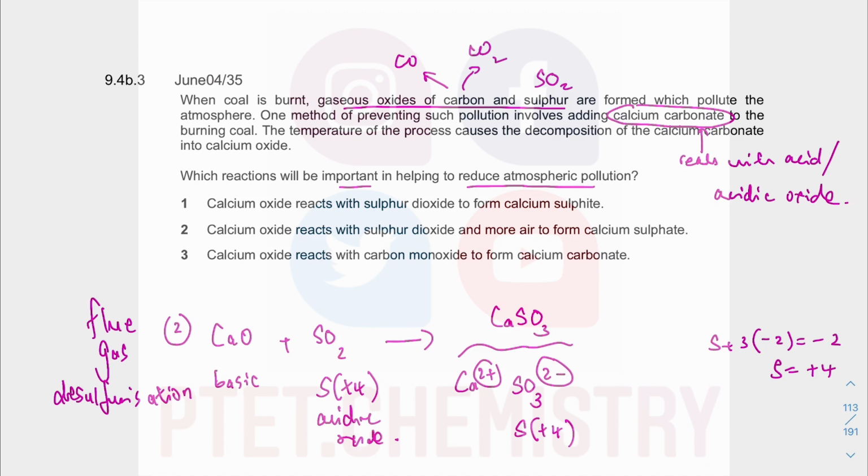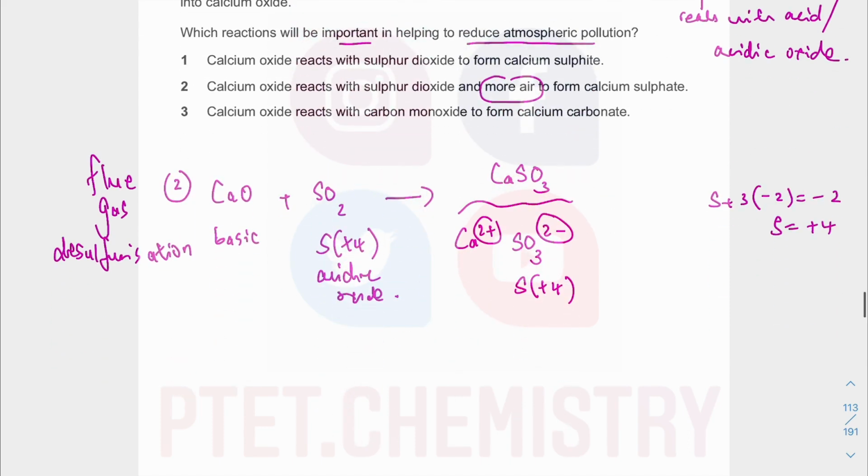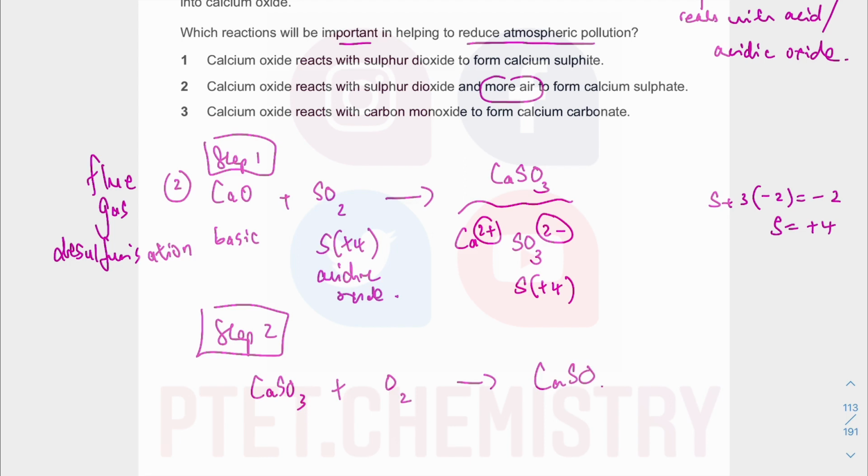What happens is more air, because that is step 1. In the second step, the CaSO3 plus more oxygen gives you CaSO4. This is the more air: that is sulfur plus 4, and that is sulfur plus 6, because now you have SO4 2 minus.